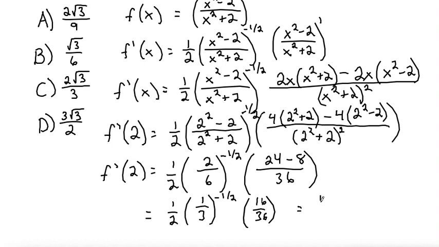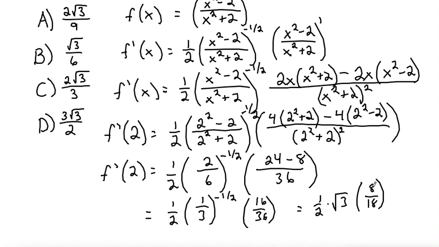So I'm going to simplify this to 1/2 times, and the power of 1/2 means it's the square root, so that's times the square root of 3, and then times 16 over 36. Those have a common factor of 2, so we can divide out a 2 to make that 8 over 18.